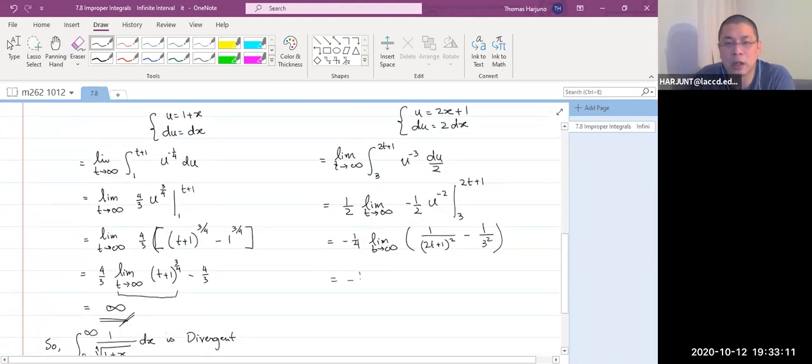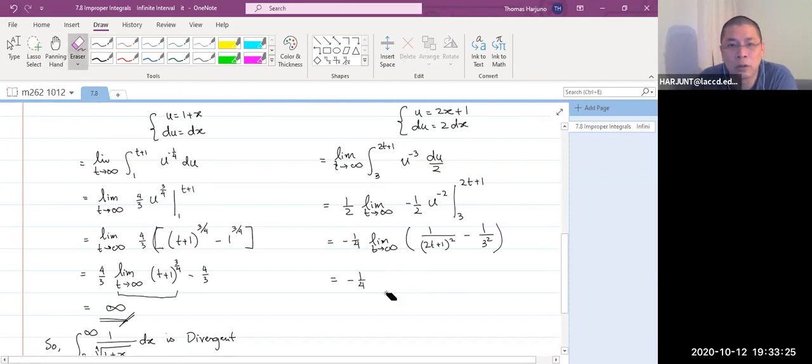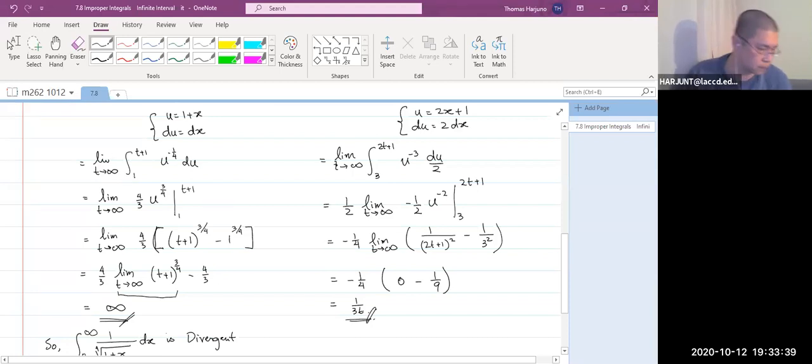I can just plug in t right now, why do I work so hard? So that will be negative 1/4 times (0 minus 1/9), which is positive 1 over 36. So it is convergent, and converges to 1 over 36.